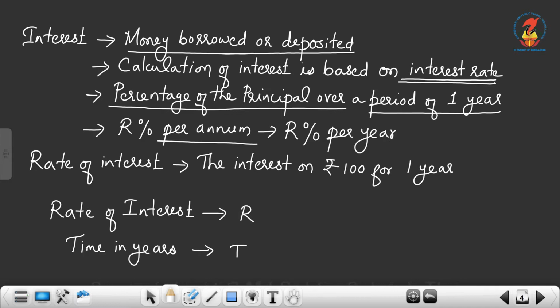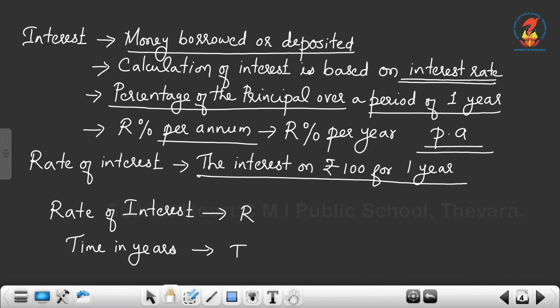In short we write per annum as P.A. So P.A. means per annum, per year. Now the rate of interest R% means the interest on rupees 100 for 1 year.